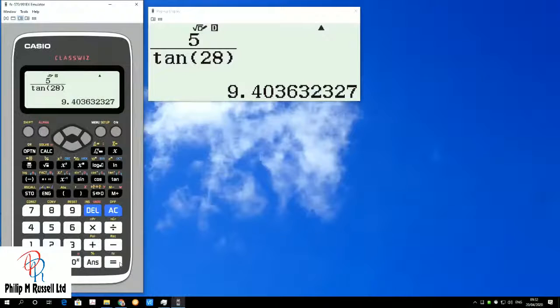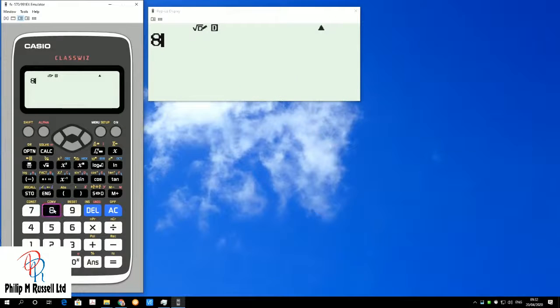Jump over to the calculator and we can put that in. So my hypotenuse is going to be 8 divided by the cos of 32.